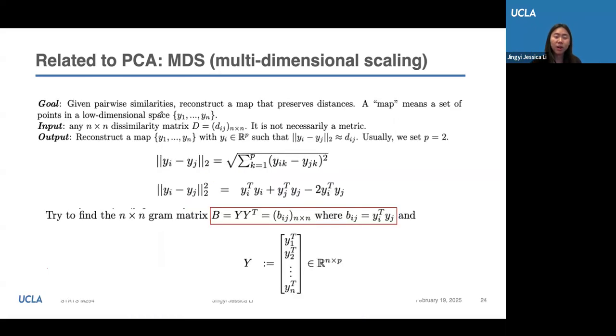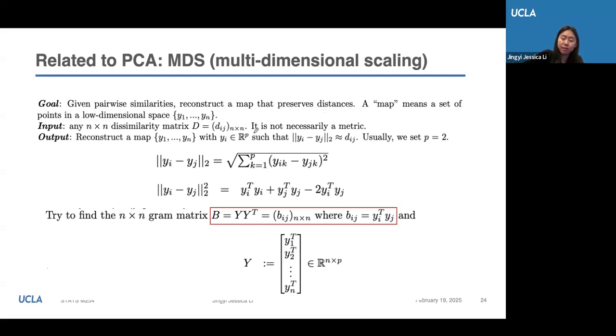So what does MDS do? Our hope is to preserve pairwise distances, and we hope to find data points y1 to yn to represent the original n data points. Our input is the D matrix, n by n. Please note that the D values, Dij, meaning the distance or dissimilarity between data points i and j, are not necessarily a metric.